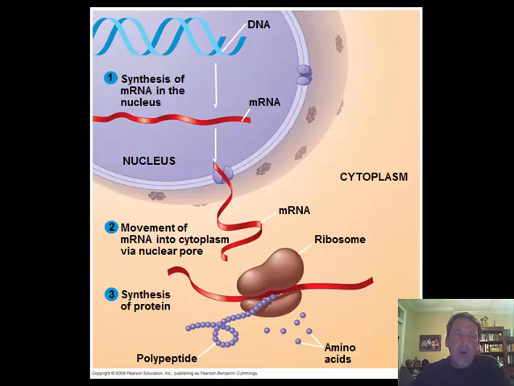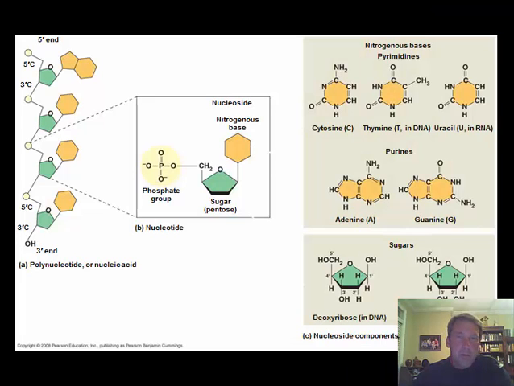So nucleic acids are made up of repeating subunits. They are a polymer, and the repeating subunit is called a nucleotide. So this shows one nucleotide right here. It has 3 parts to it. It has a phosphate group, so we learned about that functional group. It has a sugar right here, and it has a base attached to it. The bases are the only thing that differs. So we have a whole bunch of these nucleotides, and the only thing that differs in them is the bases.